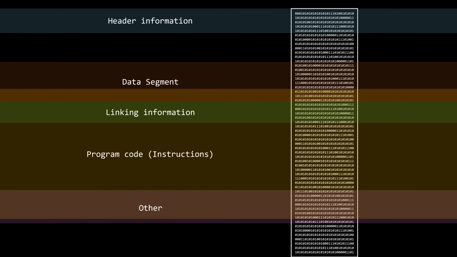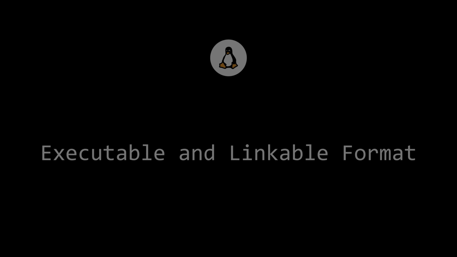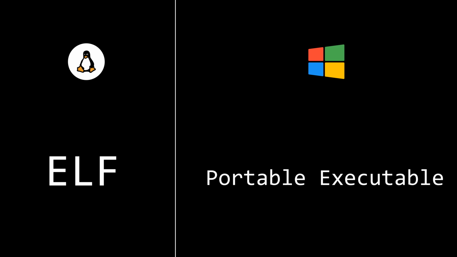Or maybe like this? Each operating system has specific rules for this. This structure ensures that the executable can be loaded and run properly by the operating system, while also supporting various features like linking, debugging, and dynamic library usage. If you're interested in this topic, I recommend looking into the executable and linkable format used on Linux, and the portable executable format used on Windows.